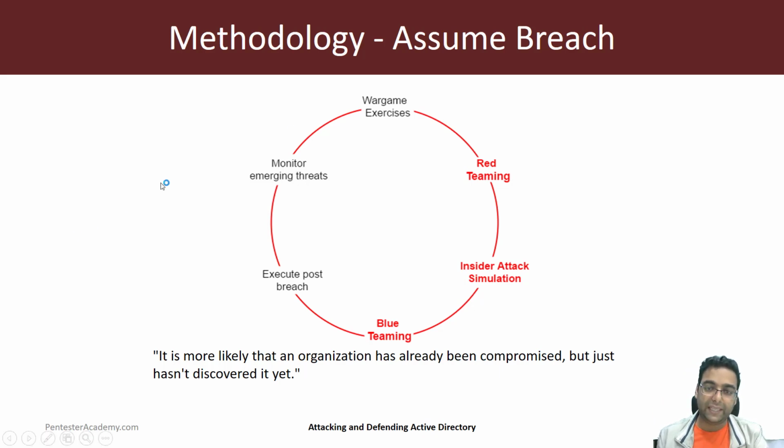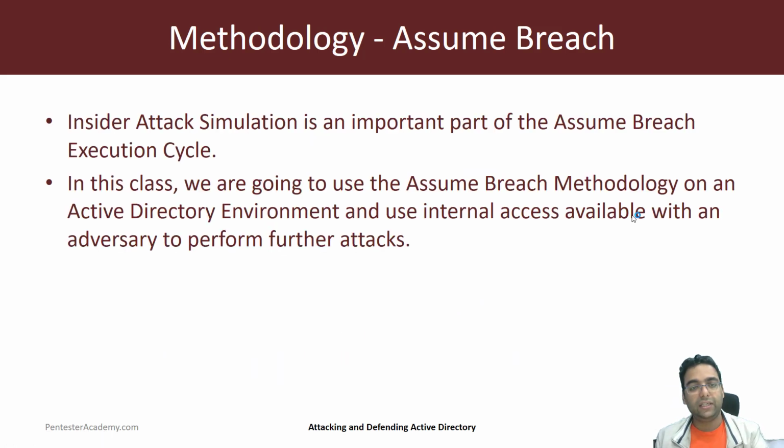There are multiple steps in an assume breach scenario. We are going to focus on three of them: red teaming, insider attack simulation, and blue teaming. Most of the time we would be focusing on the insider attack simulation. So what would be our approach for the insider attack simulation? As we discussed earlier, we are going to start from a foothold machine, which is part of the target domain, right?